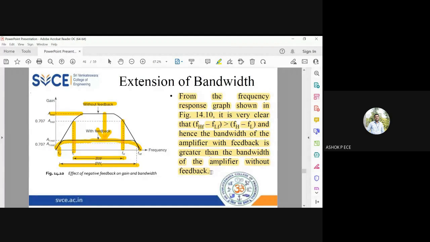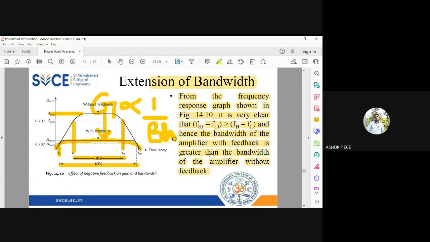So with feedback, bandwidth is very large, gain is less. Without feedback, the bandwidth is less, but the gain is very large. As I already told you, the relation between gain and bandwidth, gain is inversely proportional to bandwidth. Or there is a beautiful term called gain bandwidth product will be constant.